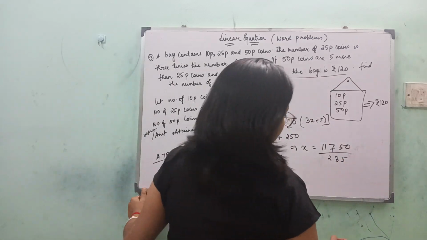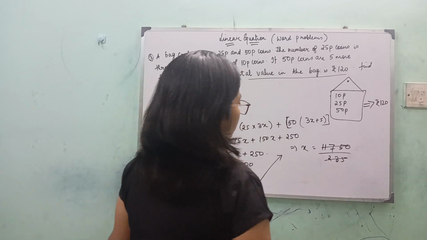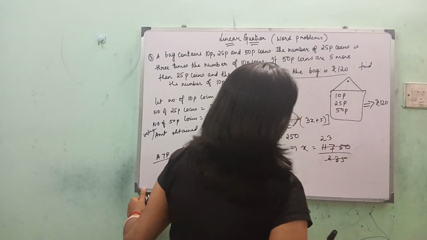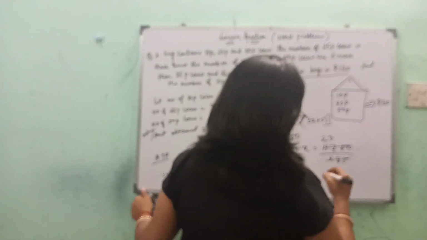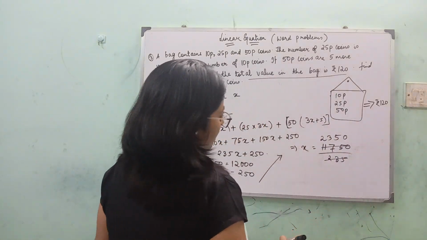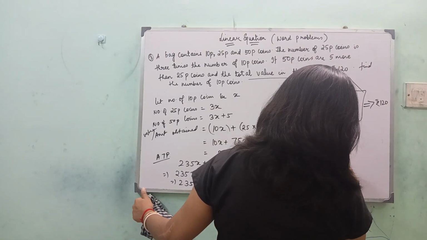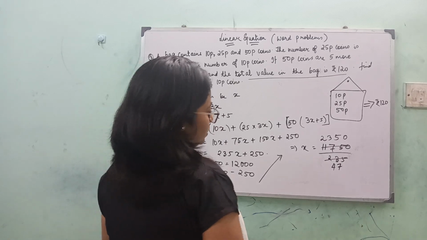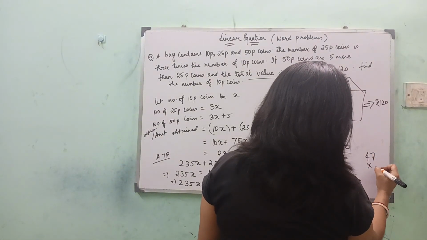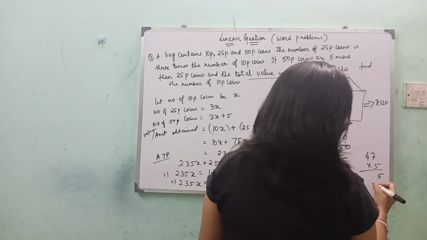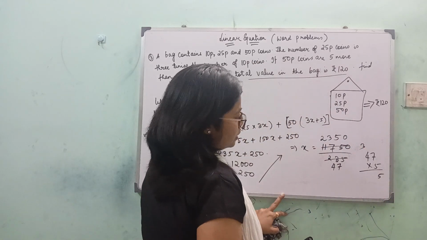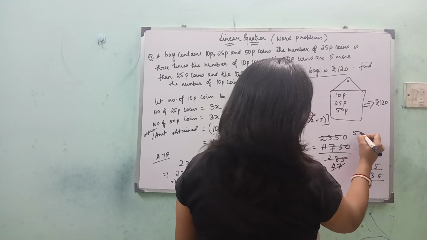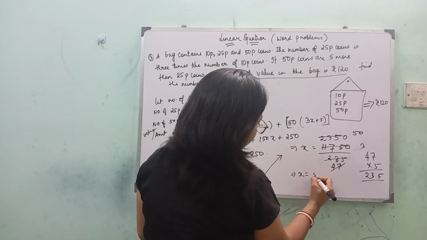All right, let's check this. With 5, if we cancel, it becomes 2350 by 47. 47 is a prime number, so 47 into 50. So you are getting x's value as 50.